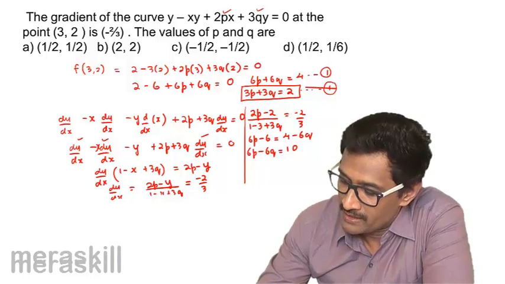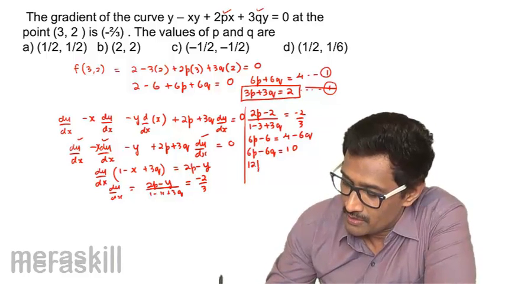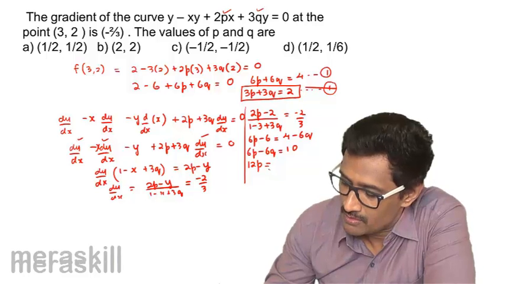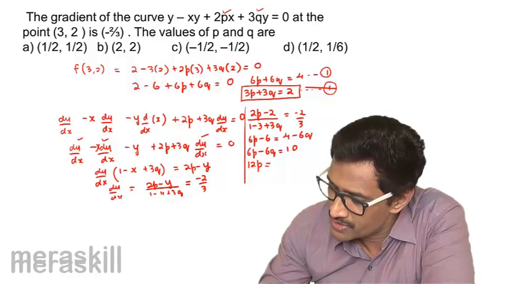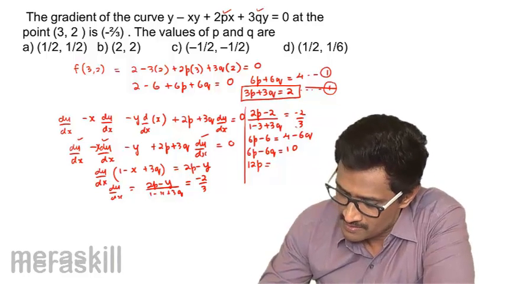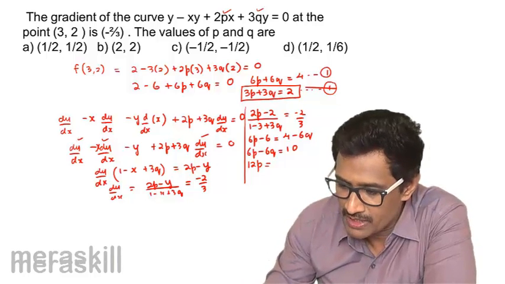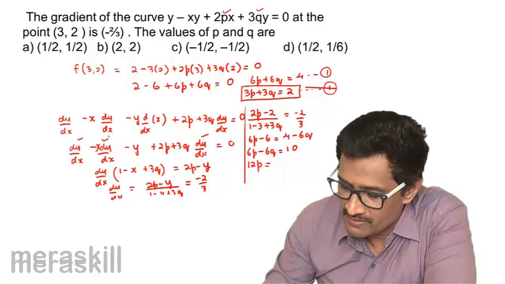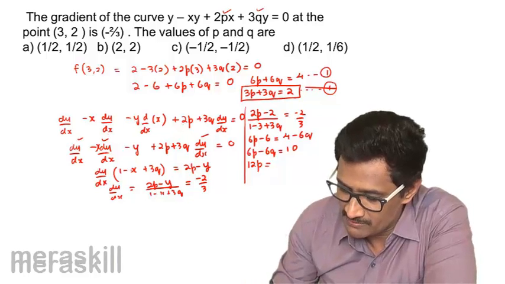So if you add these two, you get 12p is equal to, I'm having a mistake here. Let's check this once more. dy by dx, okay, minus x into dy by dx minus y into dy by dx plus 2p plus 3q into dy by dx.